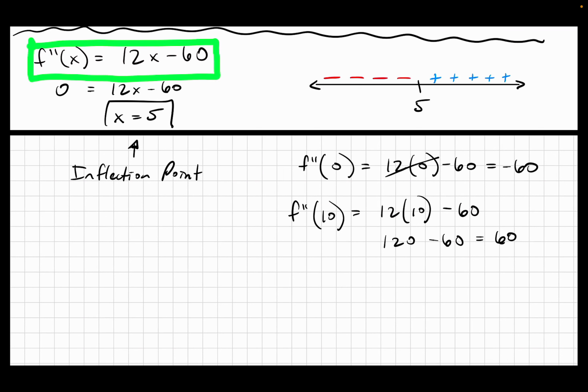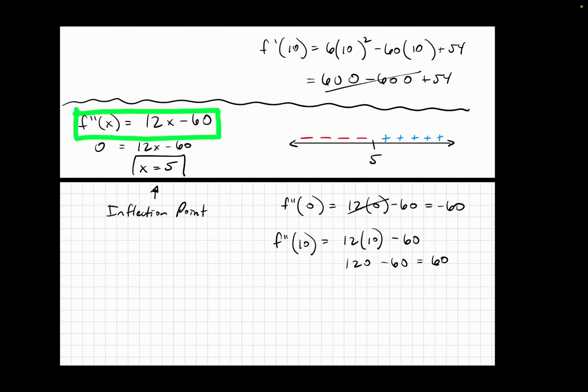So for the same function, it's going to be concave down, curved downwards, from negative infinity to 5. And curved upwards, concave up, from 5 to positive infinity. Now is the part where we have to put them on top of each other.